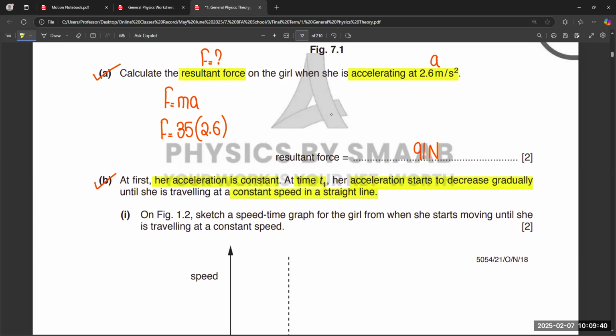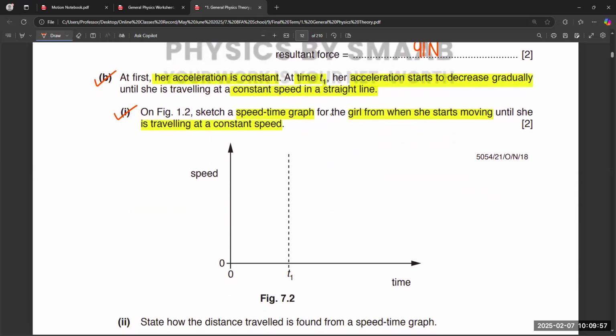On figure 1.2, sketch a speed time graph for the girl from when she starts moving until she is traveling at a constant speed. So you need to draw a graphical representation. That is, what will be the graphical representation from 0 till the value they are talking about. So initially they are saying constant acceleration.